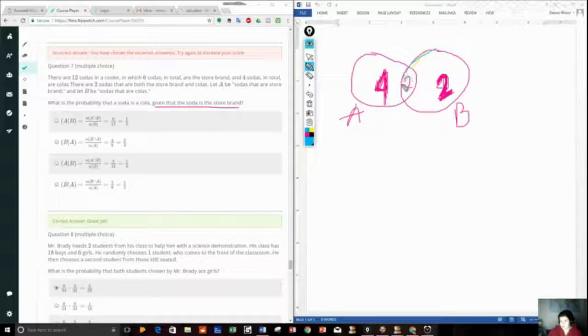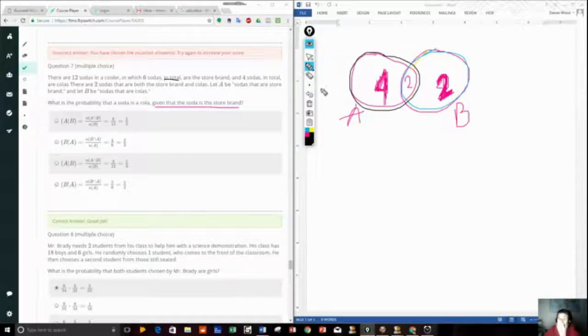So this circle needs to total 4, which it does now, and this circle needed to total 6 because it says in total. Okay, so that's how you would first draw your Venn diagram if you are a visual person, which I am.